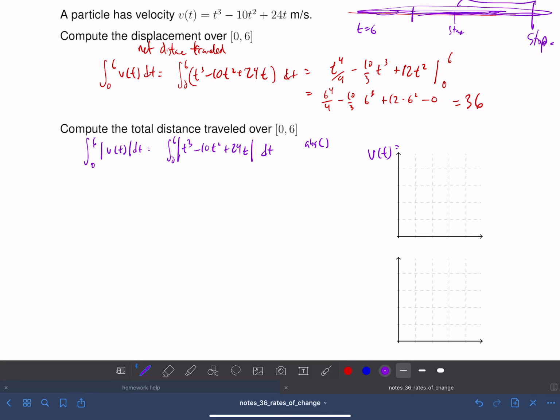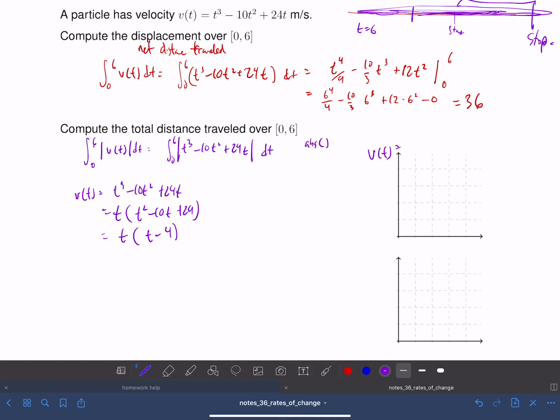V of t is equal to t cubed minus 10t squared plus 24t. That's t times t squared minus 10t plus 24. Can I factor that? 24 has a 6 and a 4 in it, and if I make them both negative, then I get negative 10.